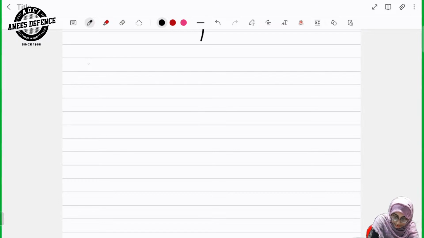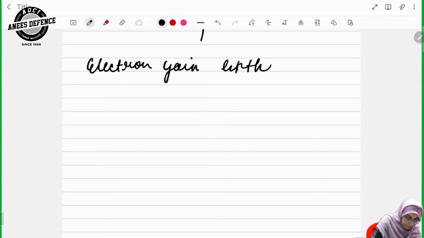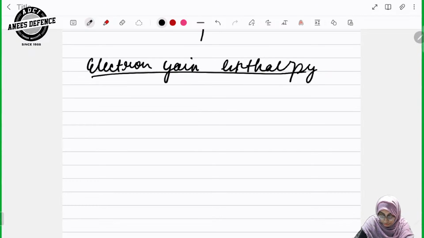Electron affinity, or you can say electron gain enthalpy. No, we'll see first the definition. So we have seen the electronegativity and electron affinity. Now what is electron affinity? The amount of energy released when a neutral isolated gaseous atom receives an electron.